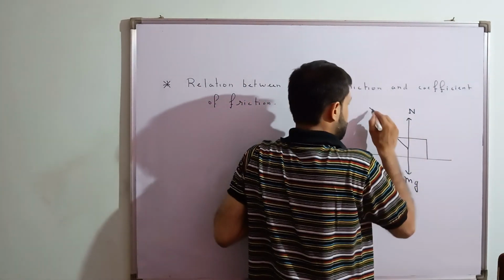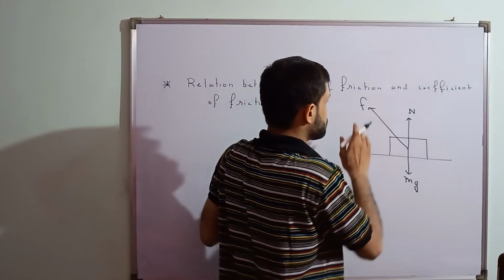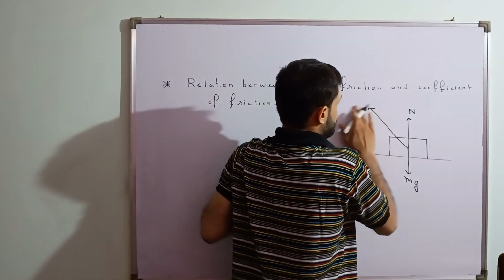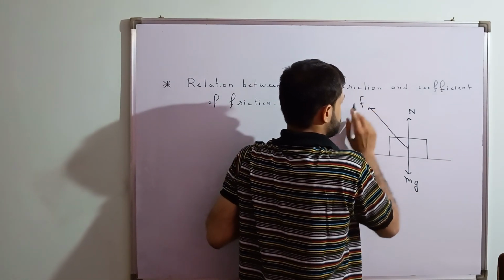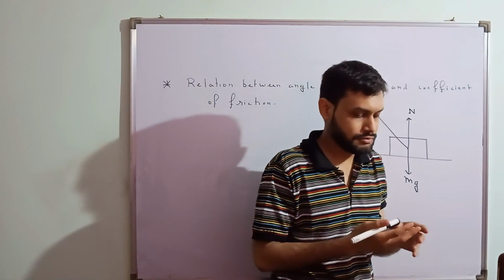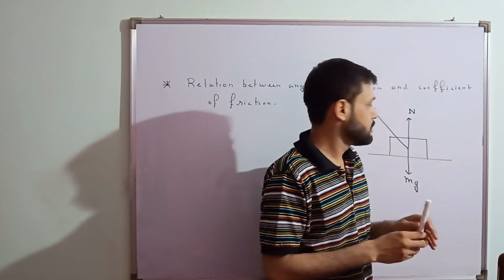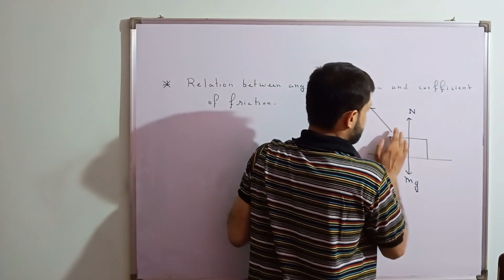And here we can have the contact force. You remember what is the contact force? Let's say this is the contact force, and friction is basically the horizontal component of contact force. Can you recall this? Friction is the horizontal component of contact force.